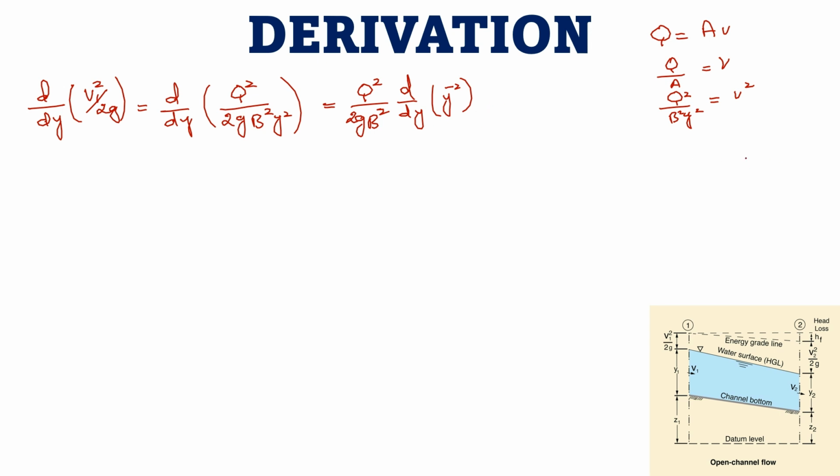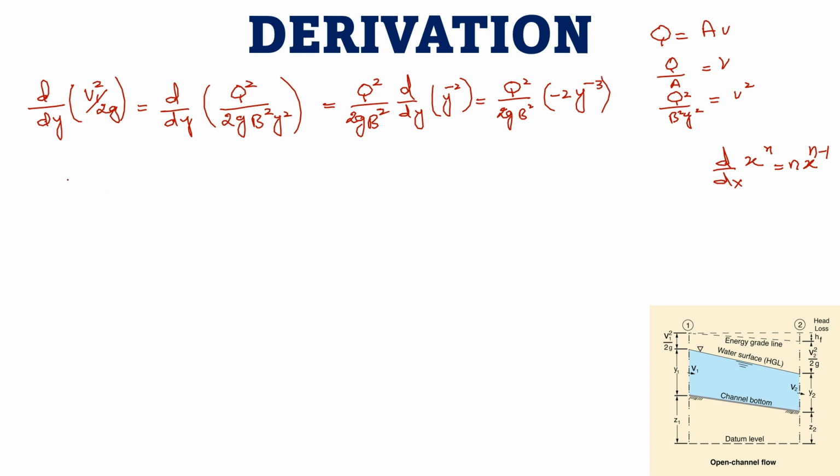So the rule of derivative is, whenever we take the derivative of any variable with respect to its own differential, we take power n in the start, x^n becomes n x^(n minus 1), which means power is reduced by 1. So in the same scenario we will do here, Q square divided by 2gB square into minus 2 will come in start, and y will become minus 3.